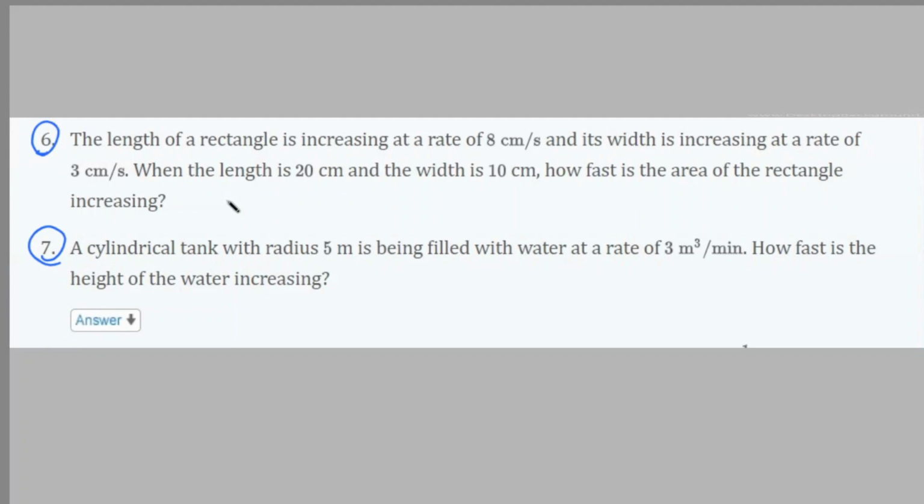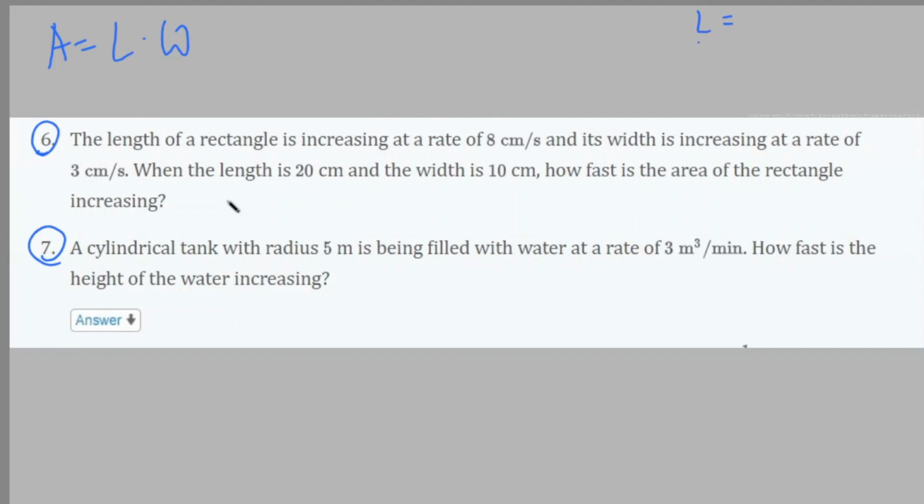So what we have to do for this is we're actually dealing with 3 variables here, so it's a little bit different. But we know the area of a rectangle is going to be length times width. The length is 20, the width is 10. So let's write down what we know.